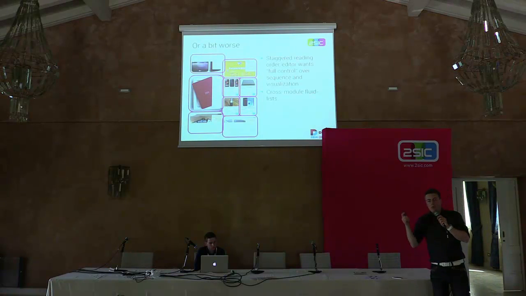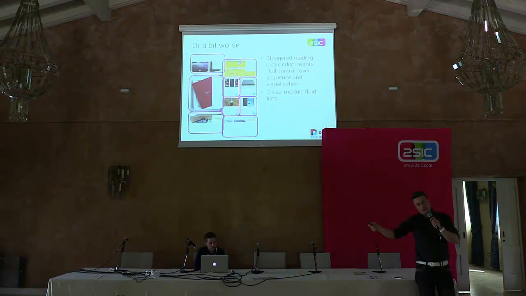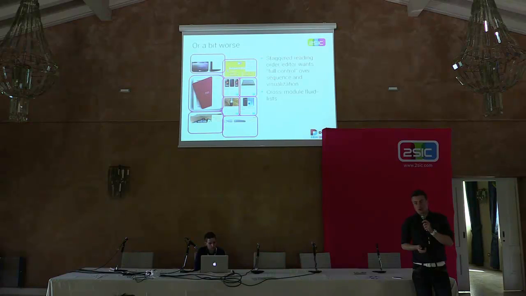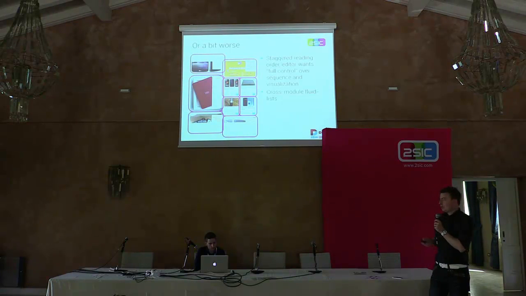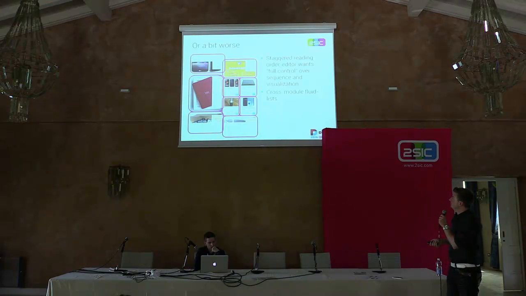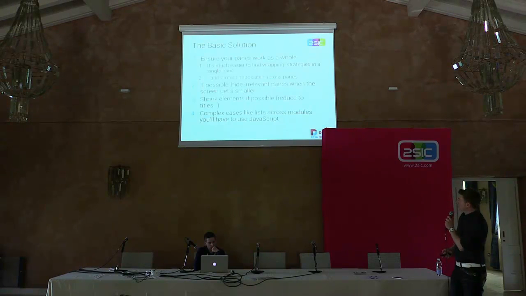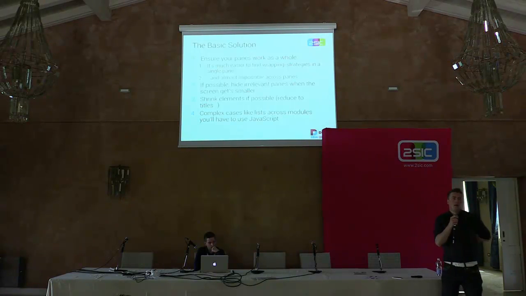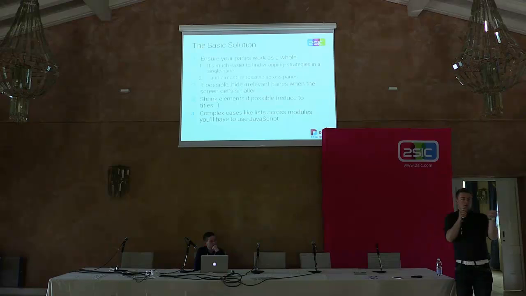And once you even want to wrap across multiple modules, there's almost no other way than to use some JavaScript, the one thing we said to try to avoid. There are always some ways to get it to work, but if the editor wants a lot of control over this, it will become tricky. So, rule number 1, try to get the panes to work as a whole, because mixing elements from different panes will get very, very difficult.